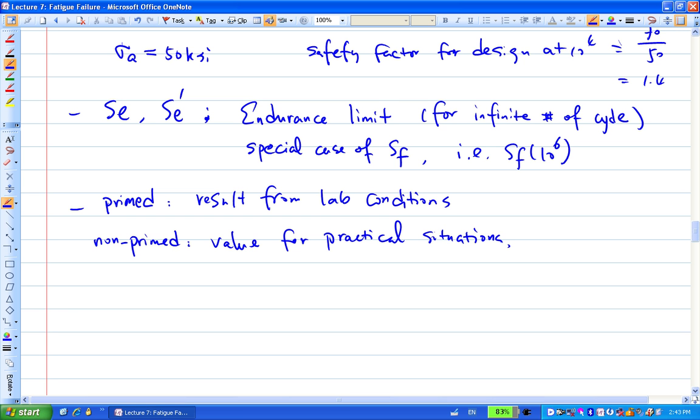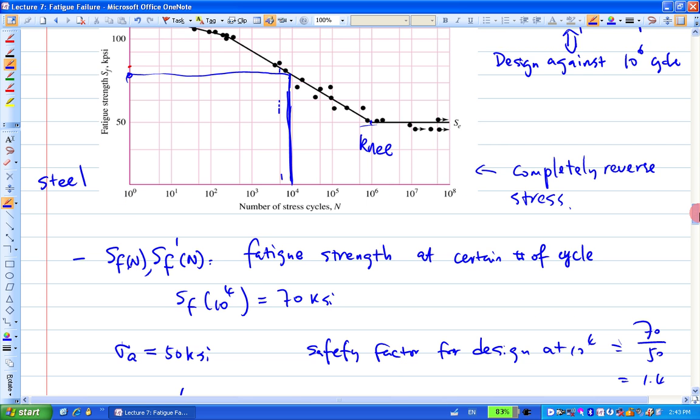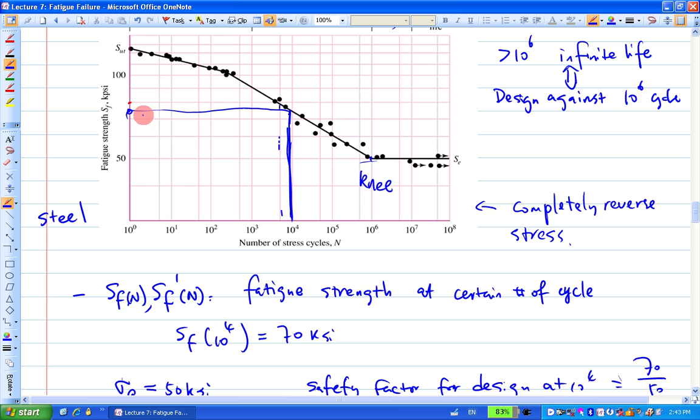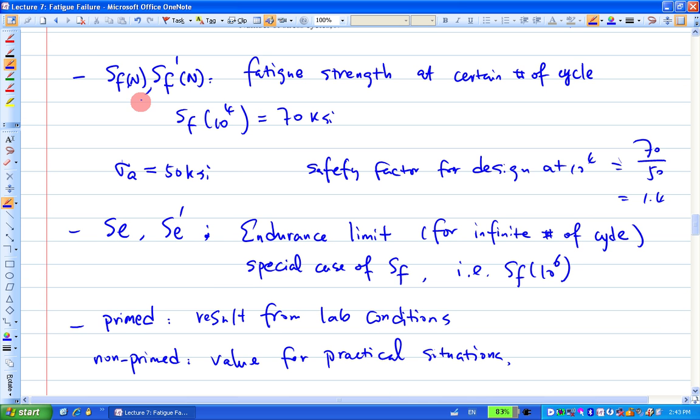So then the question here is, I can obtain SE prime or SF prime under lab conditions. That's okay, we can always do an experiment like that. But what would be the non-primed value?